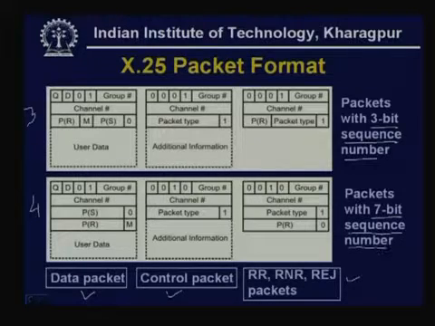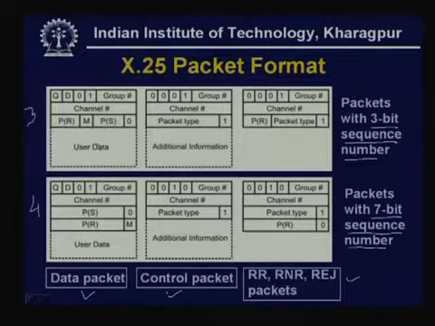So, whenever a 7-bit sequence number is used, it is necessary to have a 4 byte header instead of a 3 byte header. On the other hand, whenever a 3-bit sequence number is used, you have 3 bits as the sequence number for giving the sequence number or for acknowledgement in the user data or in control packets.